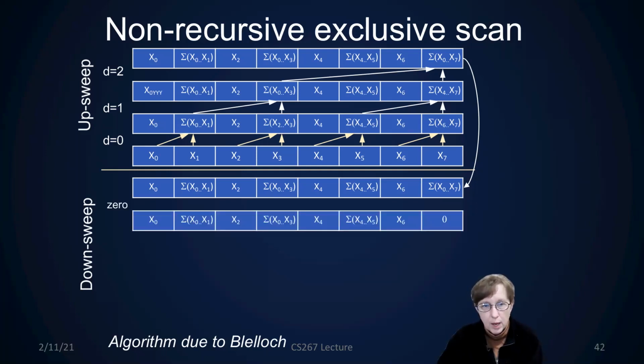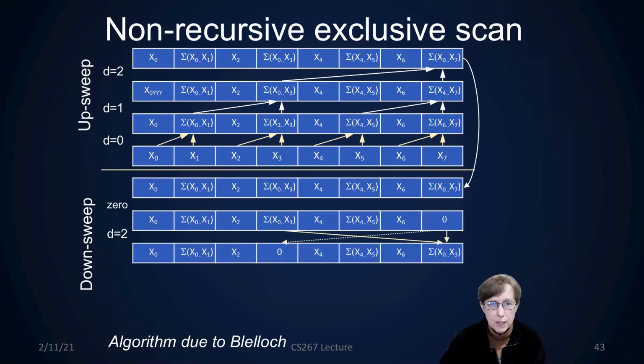First of all, we have to do one special operation, which is to zero out the last element. That might seem kind of silly because we've got the final answer here that we want, but we're going to need that for other parts of the computation. So we zero out the last element. We then use d equals 2.